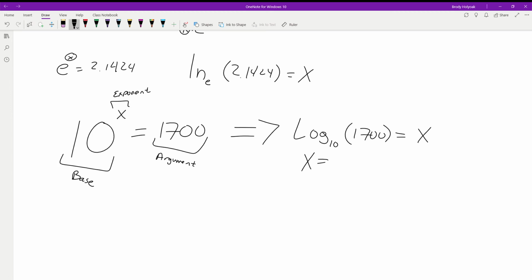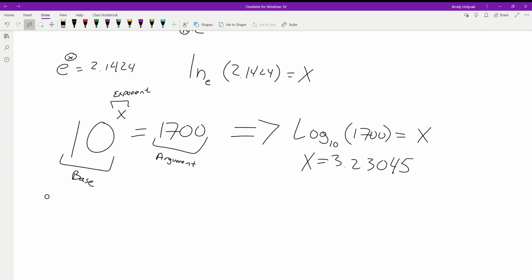x equals that. So basically what we're saying here is if we take 10 and raise it to this value, we're going to get 1700.